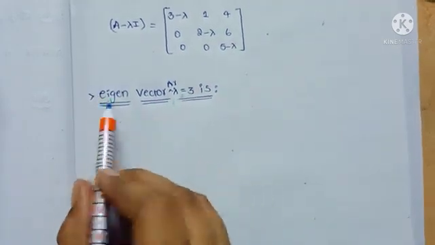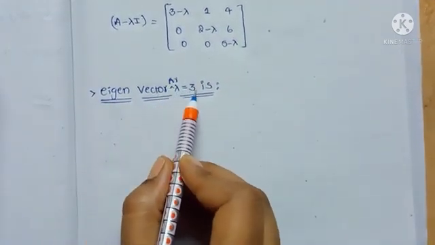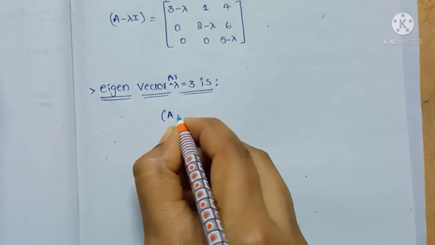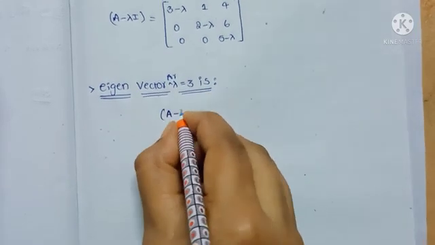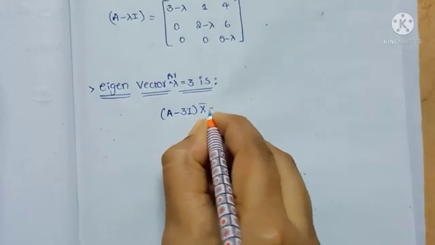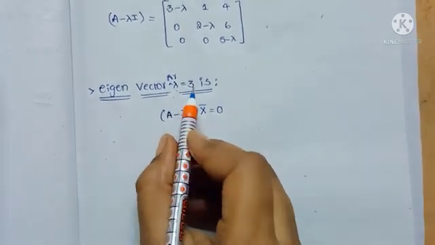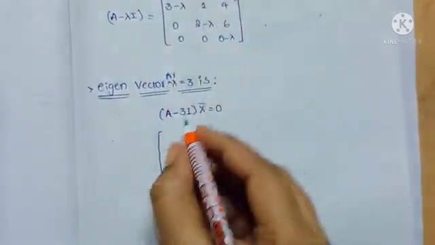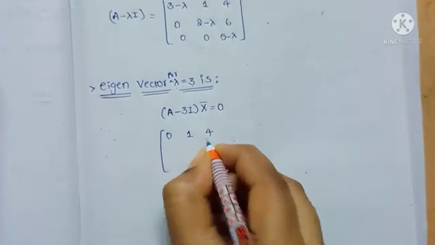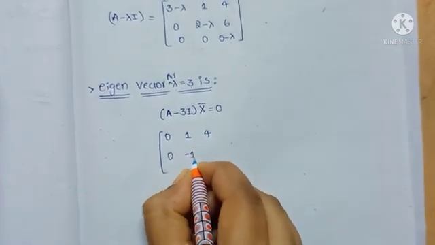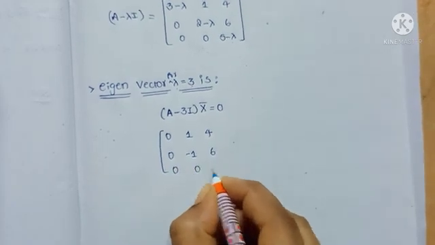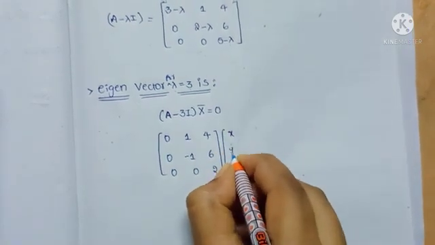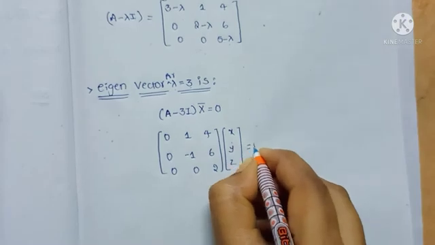Now we are finding the eigenvector for lambda equal to 3. The vector form is A minus lambda I, with lambda equal to 3, times x bar, which is equal to 0. So substitute lambda equal to 3 in this matrix. We get 3 minus 3, 0, 1, 4, 0, 2 minus 3 we get minus 1, 6, 0, 0, 5 minus 3 we get 2, and x bar is the vector x, y, z, which is equal to 0.